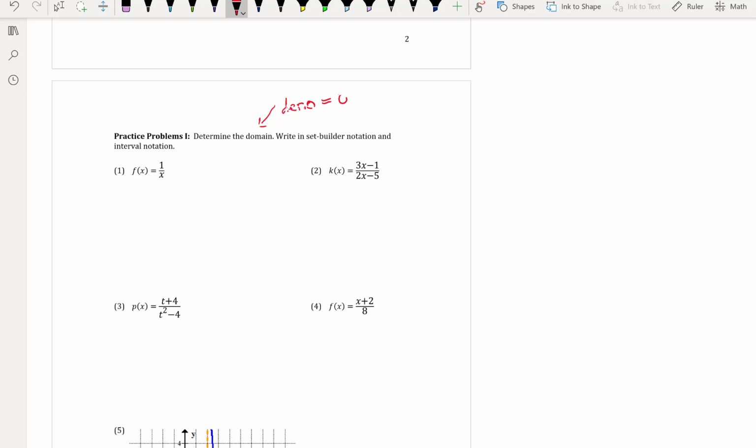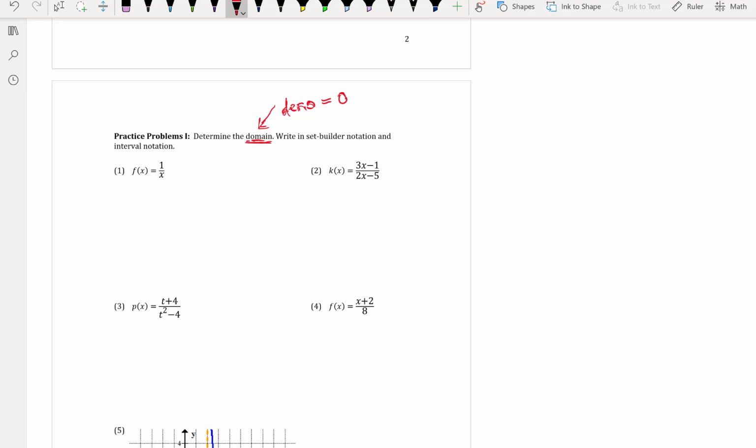That is how we figure out the domain. So we want to make sure that we set the denominator equal to 0, and then write the answer in set builder notation and interval notation.